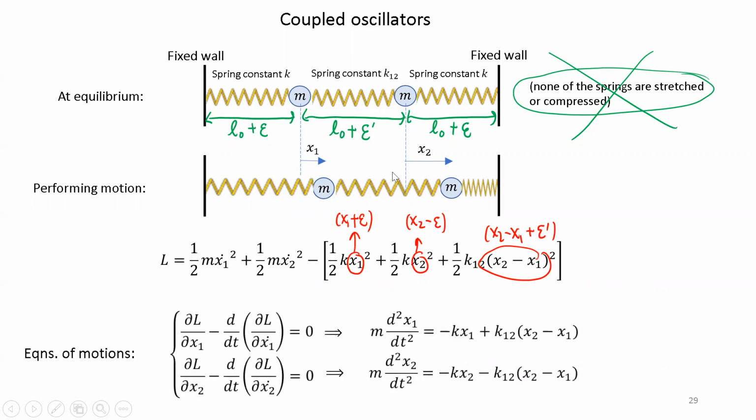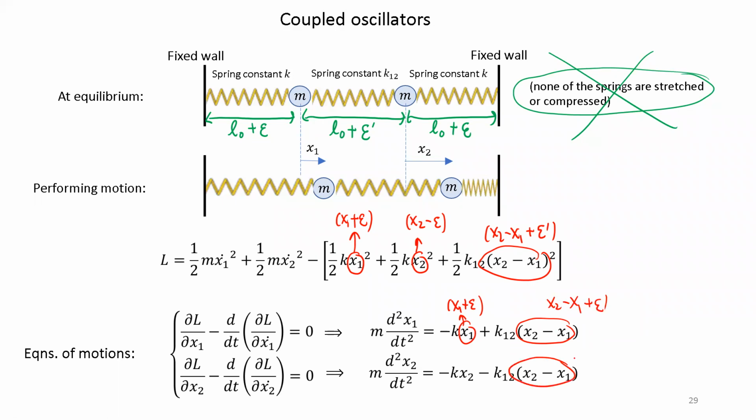Then how does it affect the equation of motion? Again, as I said, this x1 becomes x1 plus epsilon. So this one becomes x2 minus x1 plus epsilon prime.